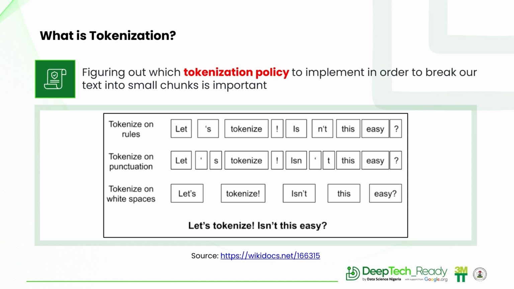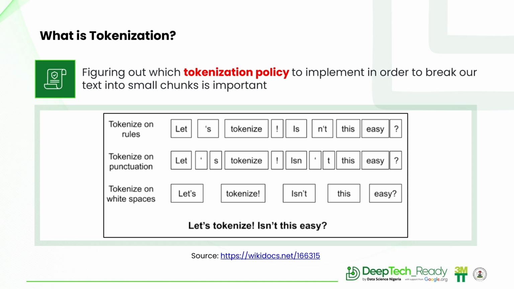Let's take a look at this very simple example. We have a text that says, "Let's tokenize, isn't this easy?" And we have a tokenization rule here. In this rule, we use predefined linguistic rules to break text into tokens. For example, contractions like "let's" in the English language could be split into "let" and then "'s".